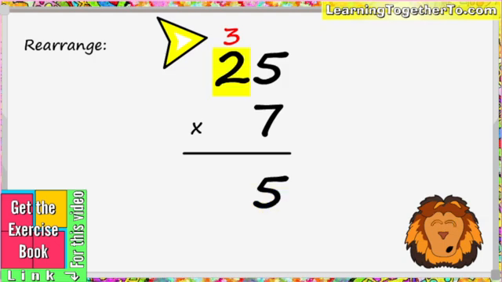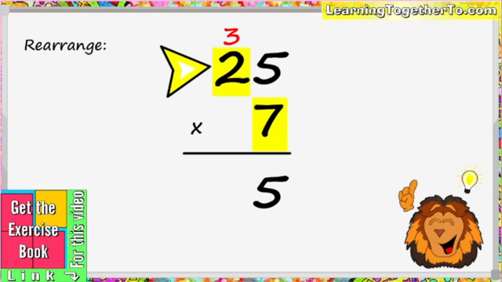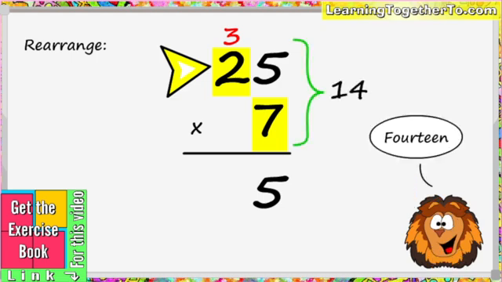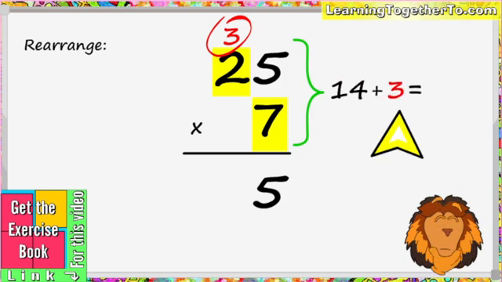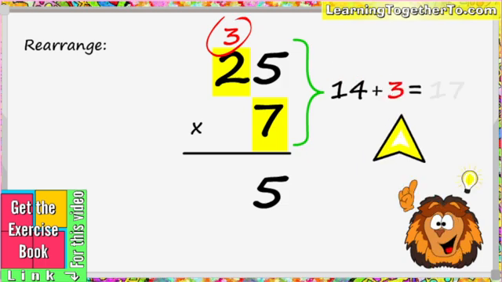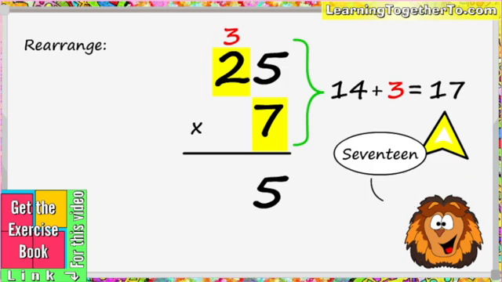Now we multiply 7 times 2. 14. Well done, Eric. We can't forget the 3. We are going to add the 3 to 14. 14 plus 3 is equal to 17. Excellent, Eric.